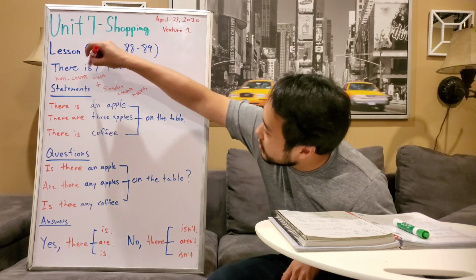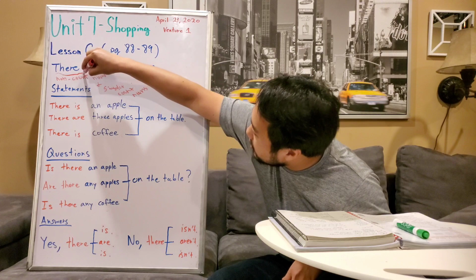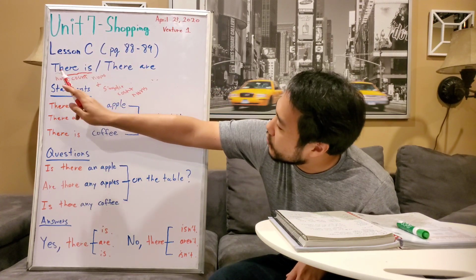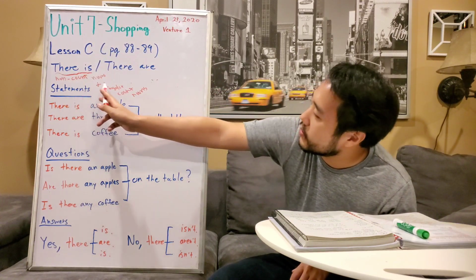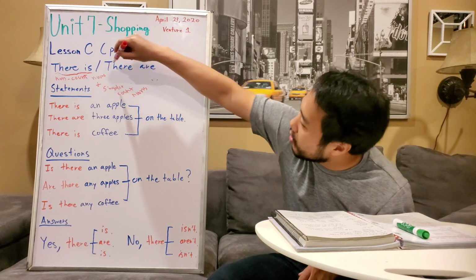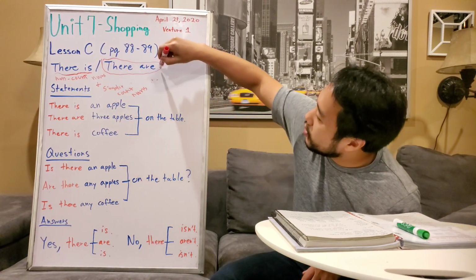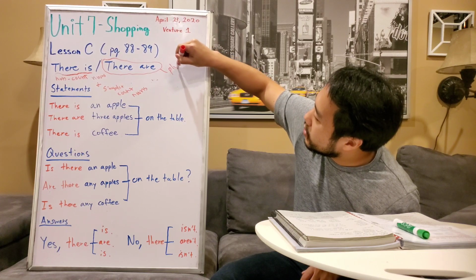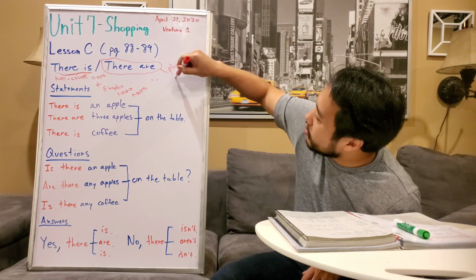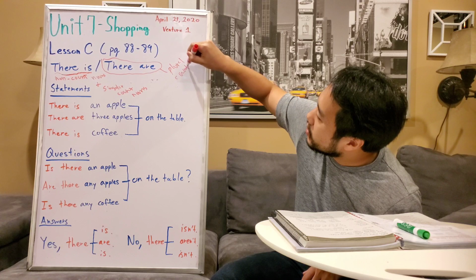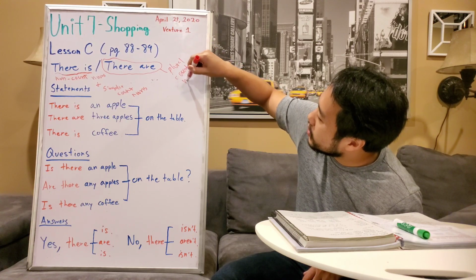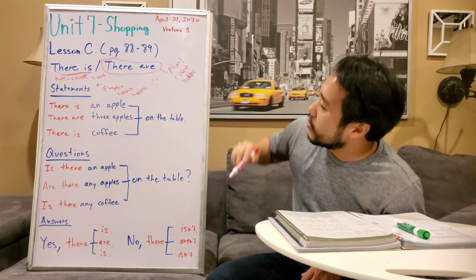That's for "there is," okay? For "there are," we use plural count nouns. C-O-U-N-T. Okay.